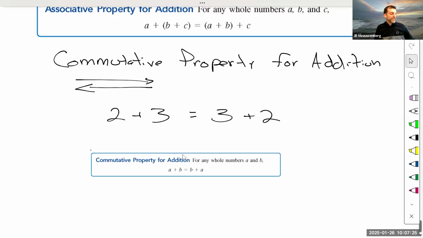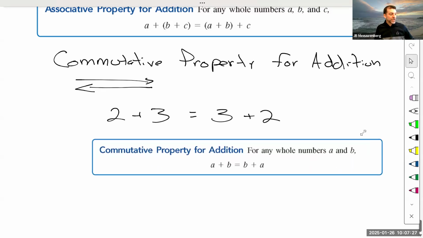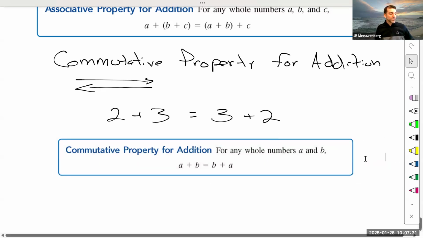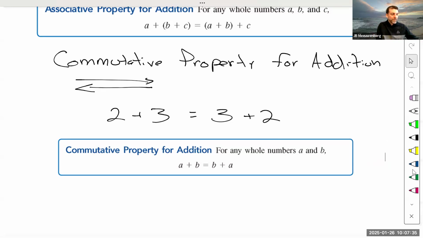The formal definition, as you can maybe guess, looks like this. For any whole numbers A and B, A plus B is equal to B plus A. And we saw this example right here. Pick any two numbers, add them, and that is going to be true.